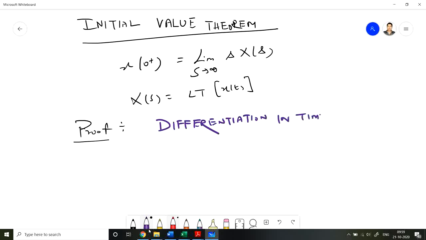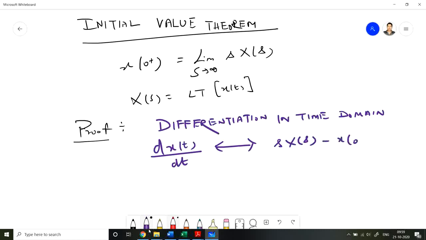According to this property, if we differentiate the continuous time signal, dx(t)/dt, and find the Laplace transform, we get sX(s) minus x(0-). This is called differentiation in time domain.